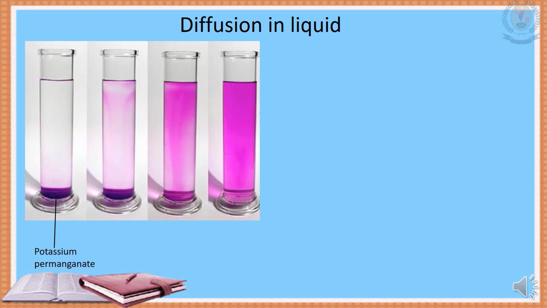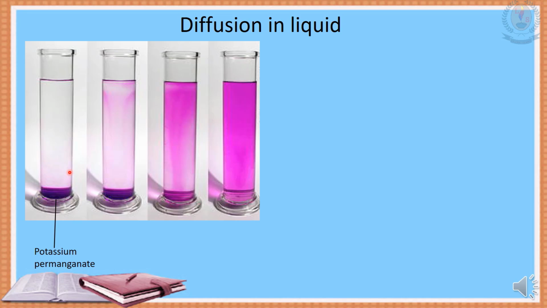Now we'll see diffusion in liquids. For that, we will do a small experiment. Here, there is a beaker with water, and with the use of a straw, we can add a small amount of potassium permanganate at the bottom.